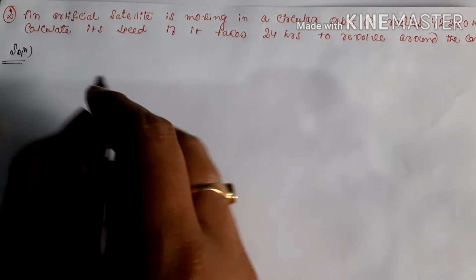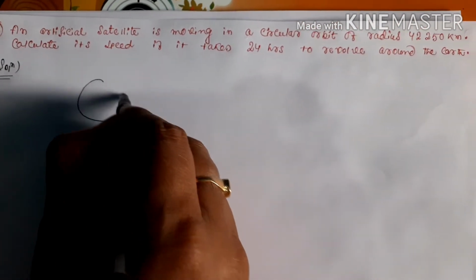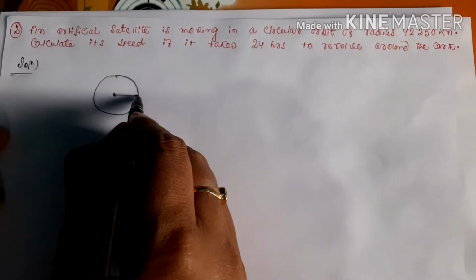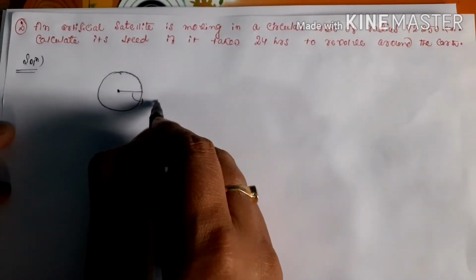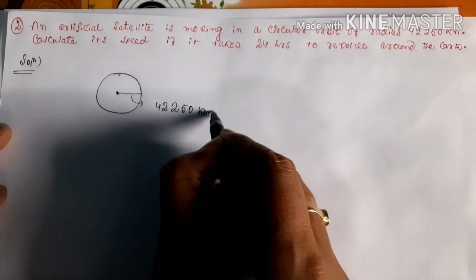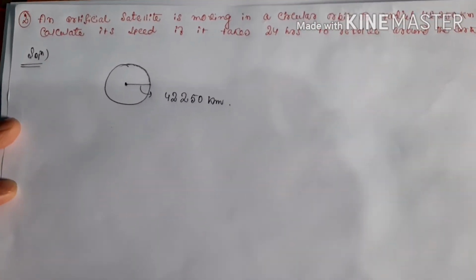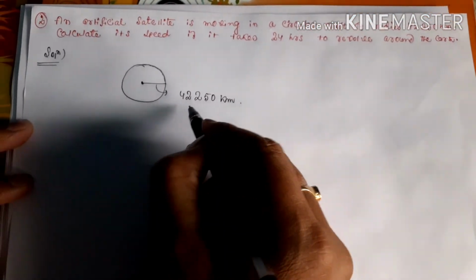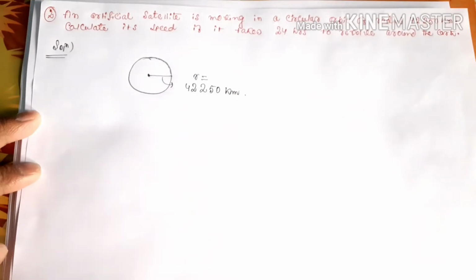One artificial satellite in a circular orbit. The orbit radius is given, that is 42,250 kilometers. That means r is given.